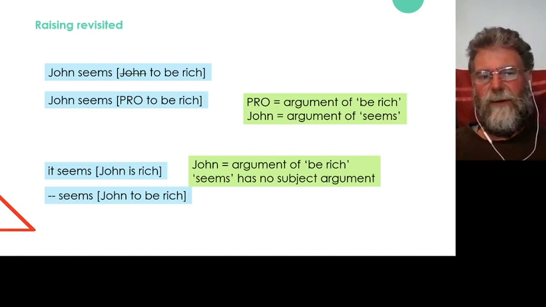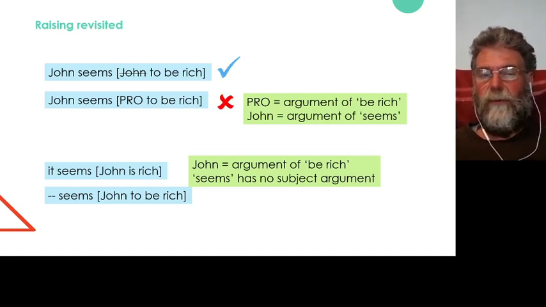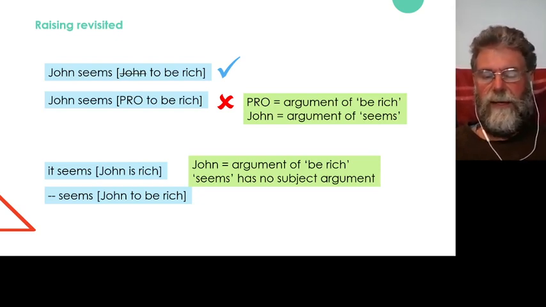So it seems we're going to have to assume that John really is the argument of the predicate in the lower clause, and therefore its proper analysis is one where it moves from that lower position to the higher position rather than being there in the first place and having a pro subject in the lower clause.